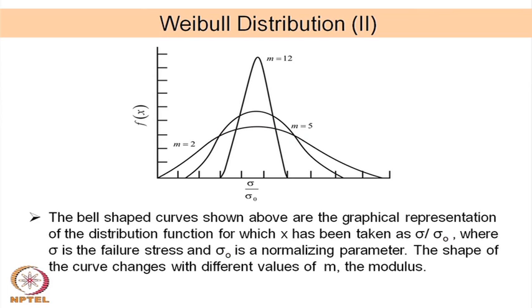As you can see from this plot, if m is low, it is a broad peak with a less defined peak, whereas if the value of m increases, you get a much better defined and narrow peak, or the half width is less in case of m having higher values. So, that is also a very important observation.